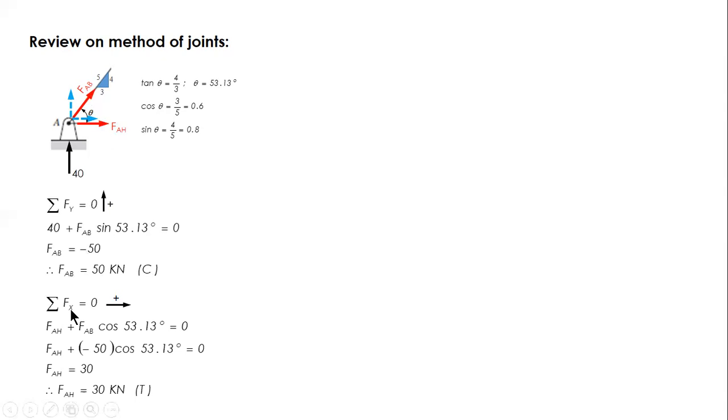But when you sum the force along X, use the negative value of FAB, because the direction we use for force or component is to the right. We assumed tension of force AB. So FAH plus FAB cosine 53.13 degrees, and FAH is positive. Therefore, the direction you assumed, tension, is correct. So FAH is 30 kilonewtons tension.